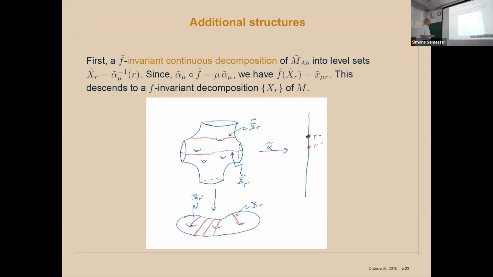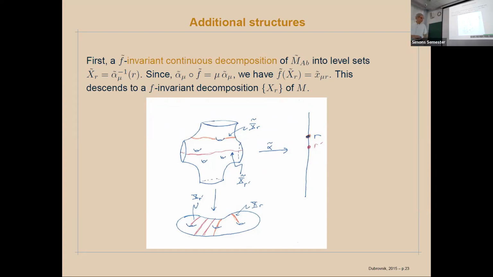And the nice thing about this is that, because it's built from homology, it actually descends. Given just this eigenvalue off the unit circle in homology, you get an invariant decomposition downstairs. If this was a linear Anosov, it would just be the standard foliations. But this is one-dimensional, so let's think about the two-dimensional case.